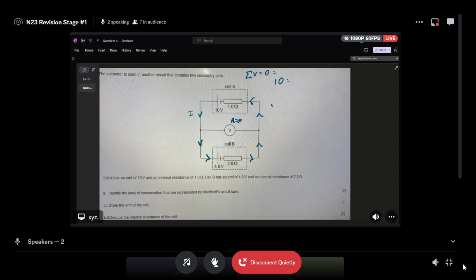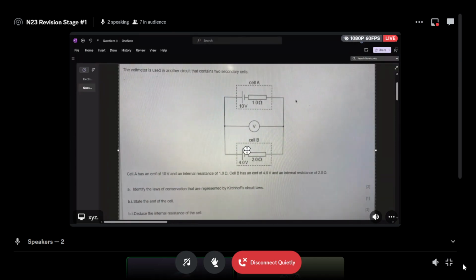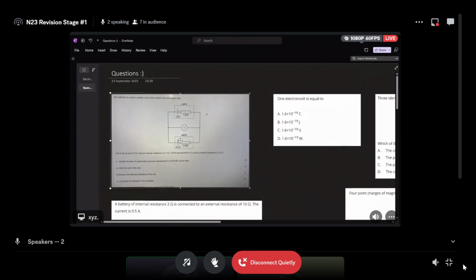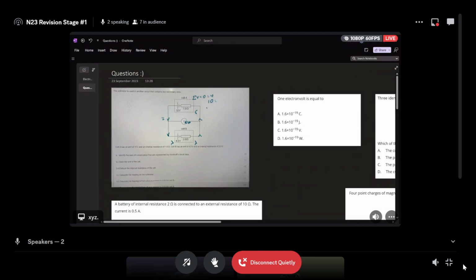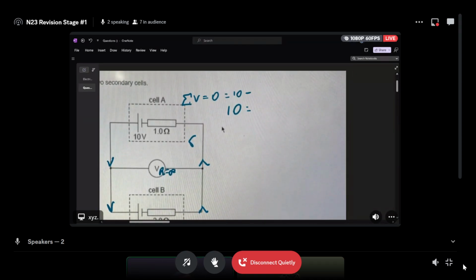So it's going to be 10 minus all the voltage drops.